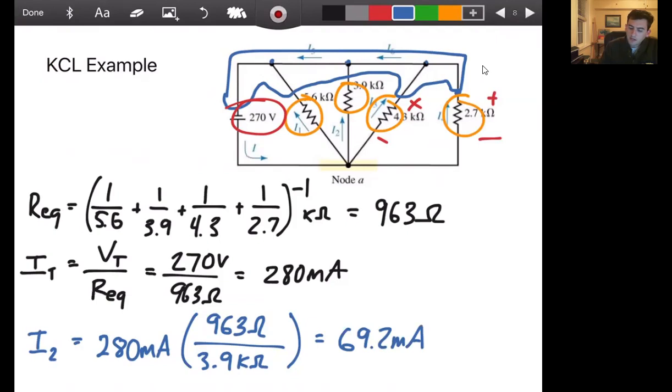The process would be the same if we were trying to solve for other currents. If I was trying to solve for I3, the rest of this equation would be the same, but my denominator would now be 4.3 kiloohms. Sorry if you can't see that on here.